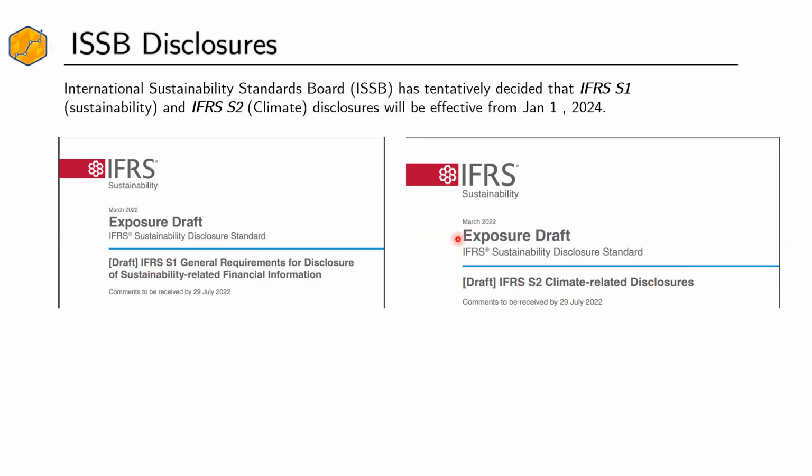So they have come up with the draft for banks to disclose their exposures to various components under sustainability and under climate risk. Tentatively they have agreed that banks need to start disclosing these by January 1, 2024.